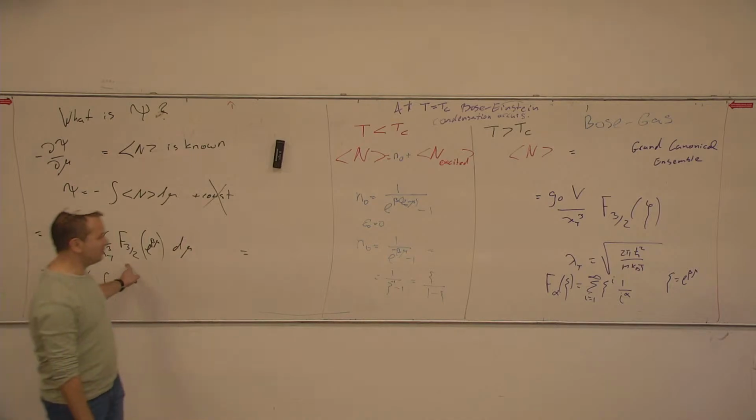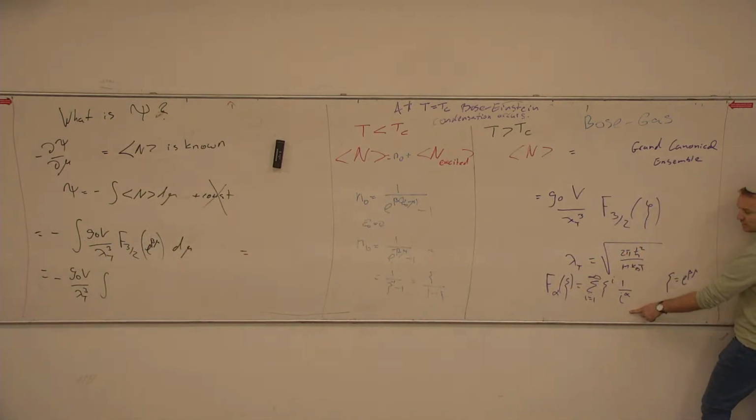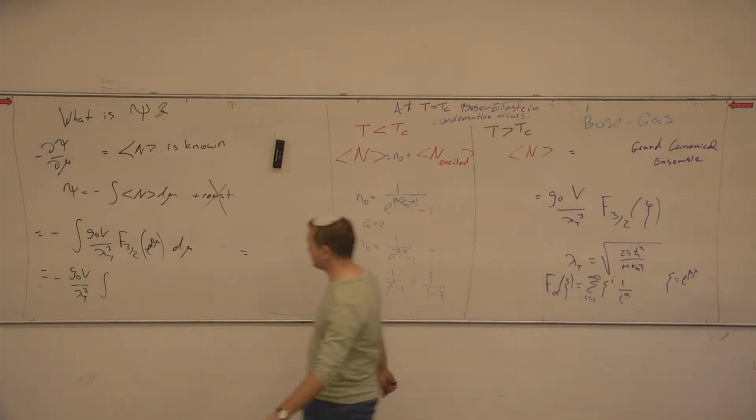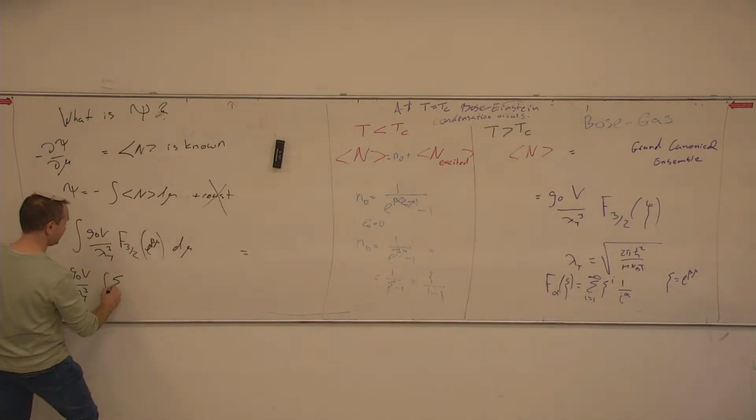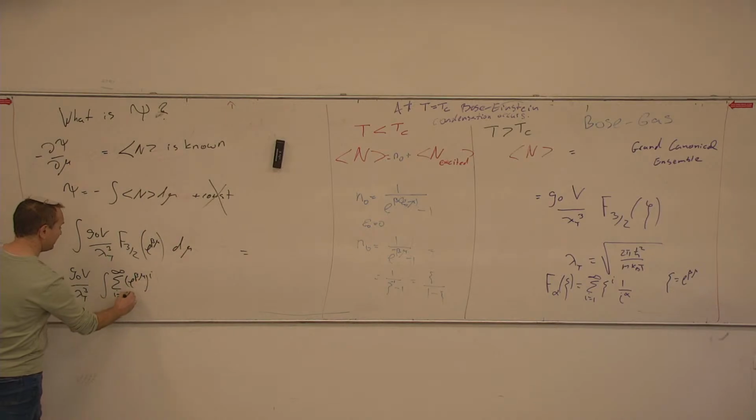Now instead of the polylogarithmic function, we will write it down as a representation of this sum. So it is a summation, i goes from 1 to infinity of e to the power beta mu to the power of i, over i to the power 3/2, d mu.